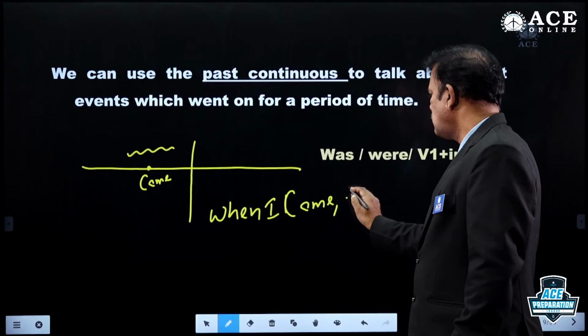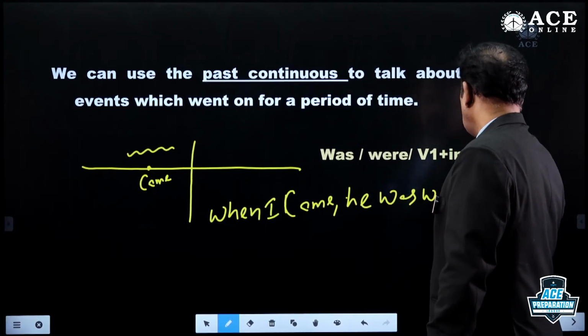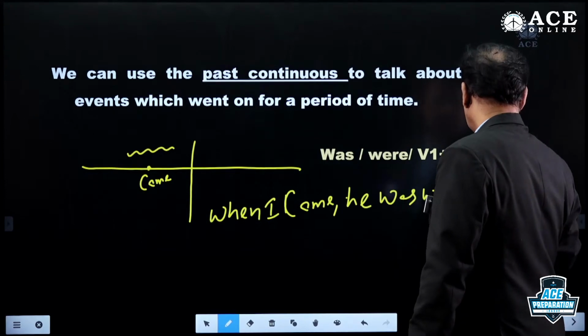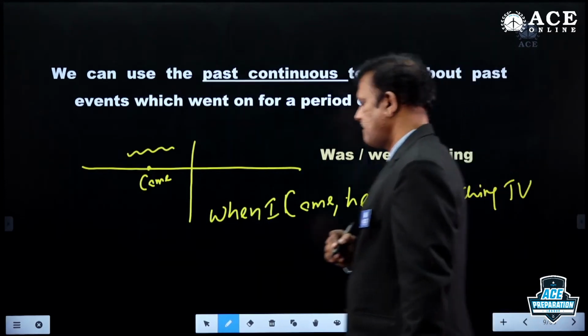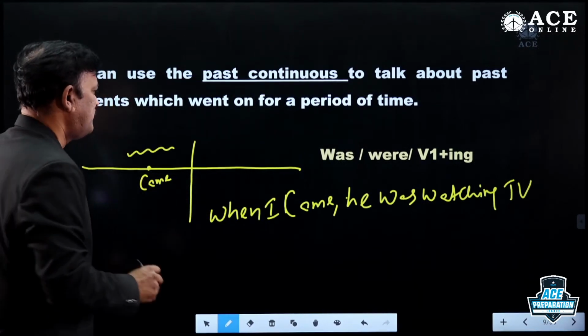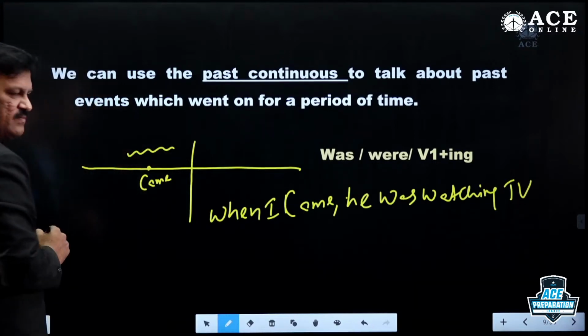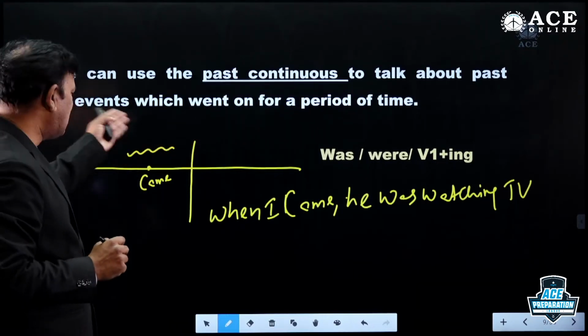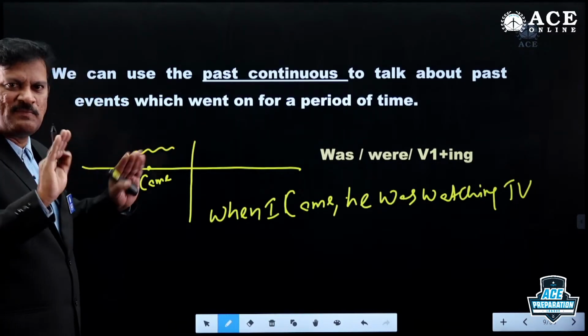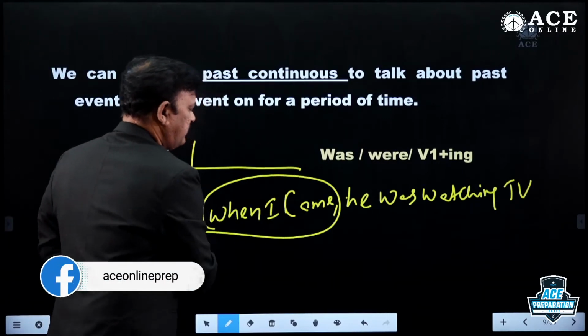So, he was watching TV. Look at this. When he came, or when I came, he was watching TV. Maybe he continued after that, or he started maybe before that. I am not interested in that. So this is my time factor.